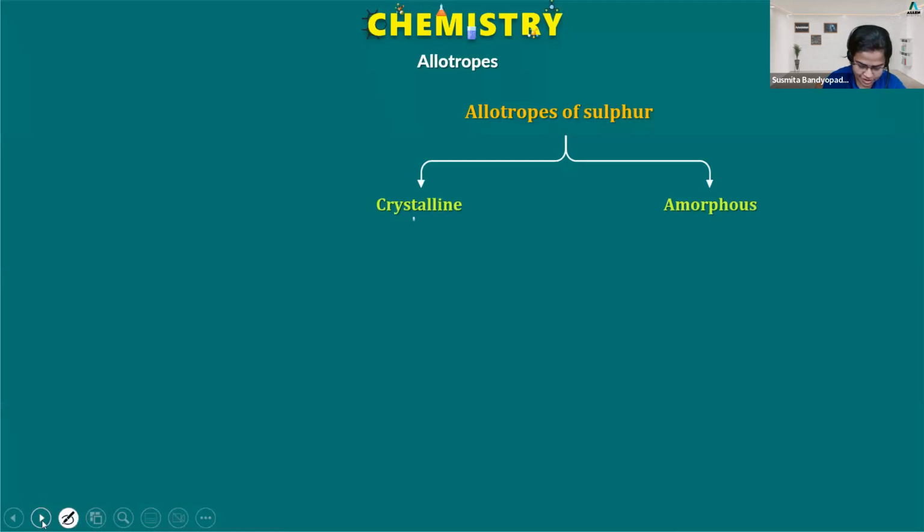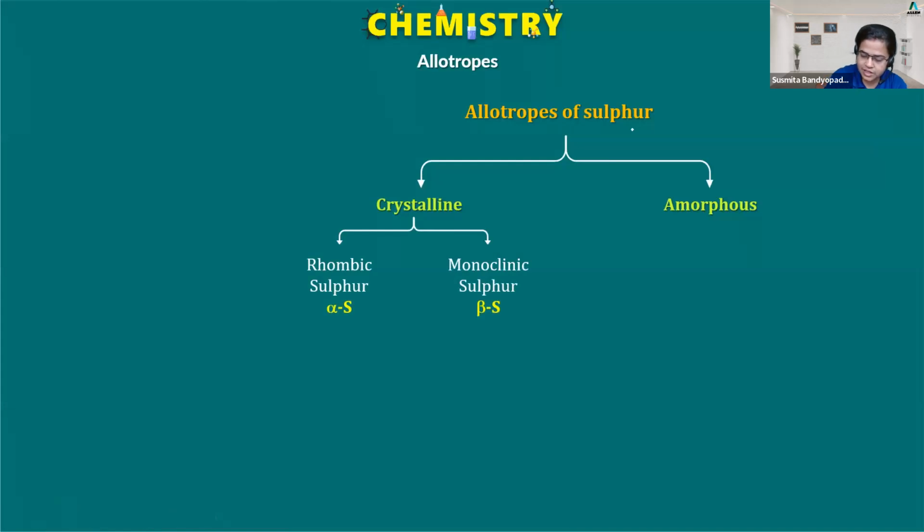Okay, very good. So let's talk about the crystalline allotropes of sulfur. You have rhombic sulfur or alpha sulfur, and monoclinic sulfur or beta sulfur. You also have gamma sulfur, which is called plastic sulfur or milk of sulfur.